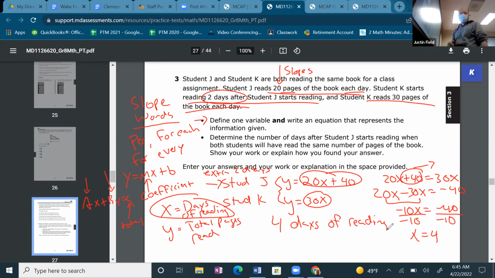Or we could say 4 days after student K started reading, they had read the same amount.